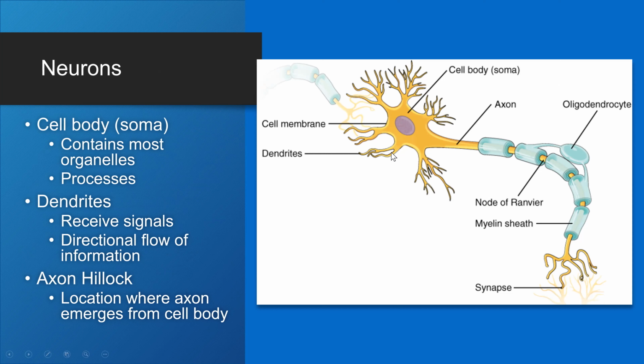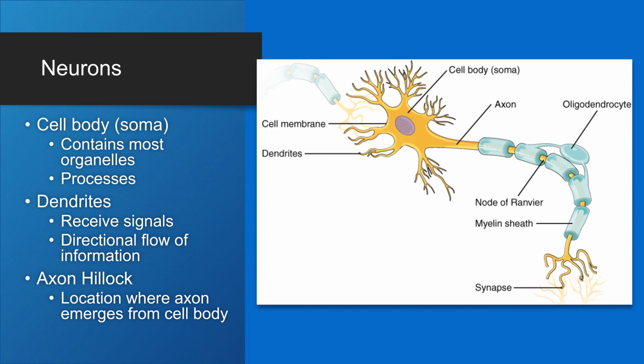So that would be found inside the cell body or soma. Then the soma will have processes, multiple processes. In this example would be dendrites, and then it would be an axon, and human neurons have only one axon.